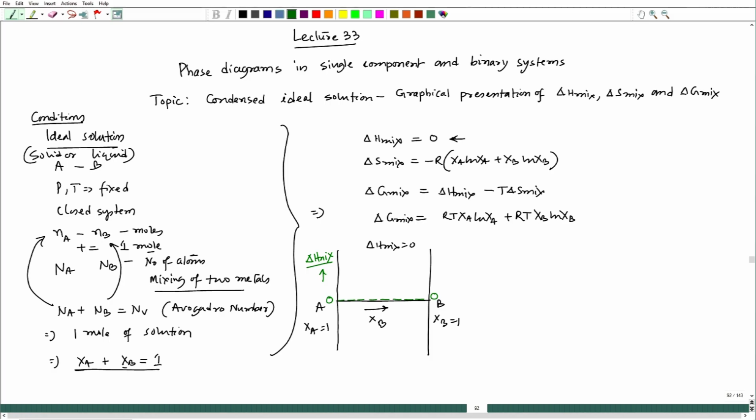Now, if I try to plot del S mix, with x b on this axis and the A side and B side being pure conditions, this particular plot would be a symmetric curve like this.